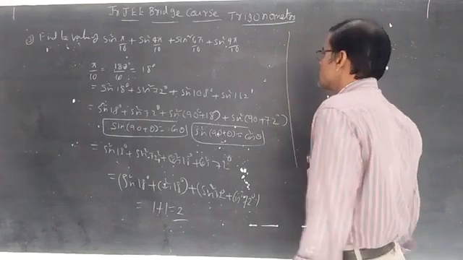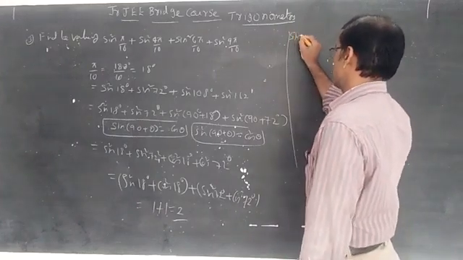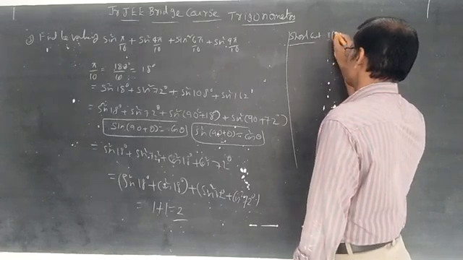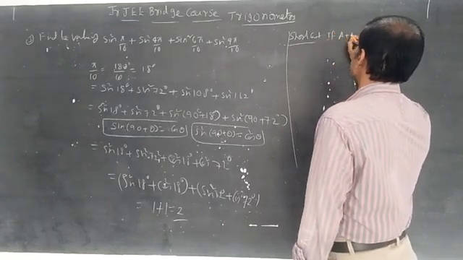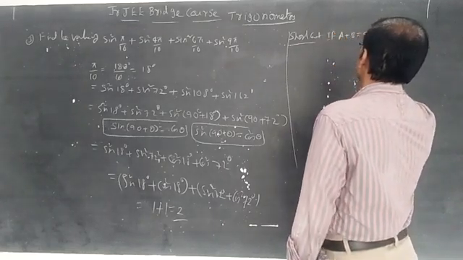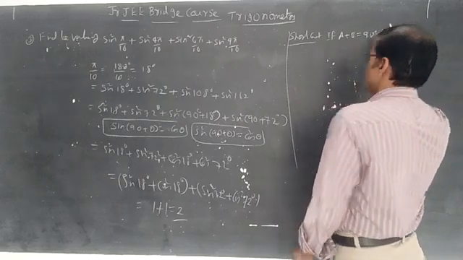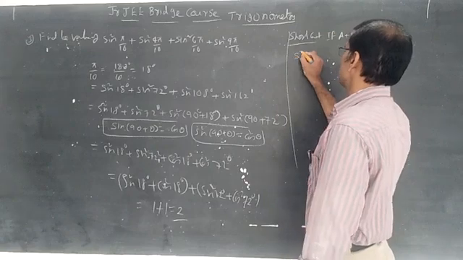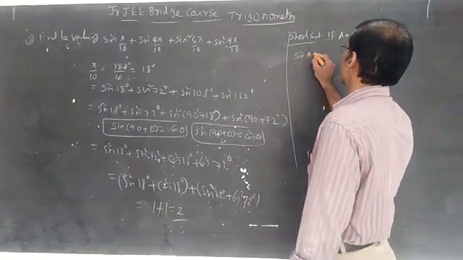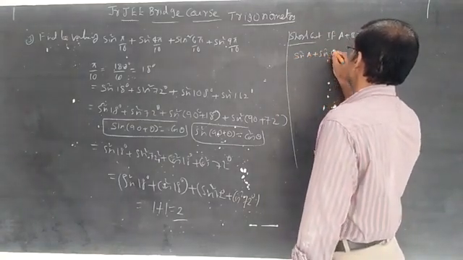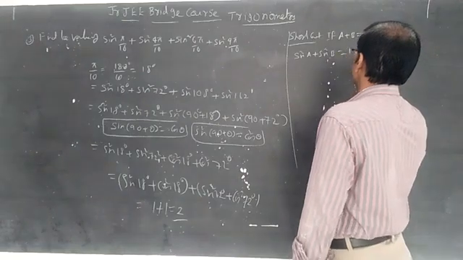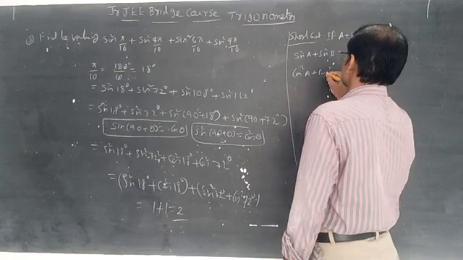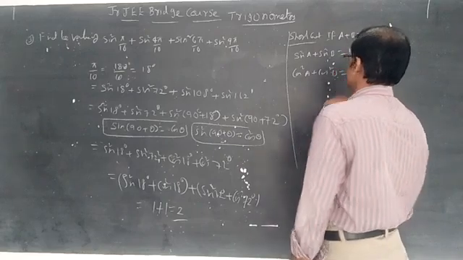This is the sum. For this sum, there is a shortcut. If a plus b is equal to 90 degrees, then sin square a plus sin square b is equal to 1, and cos square a plus cos square b is equal to 1.